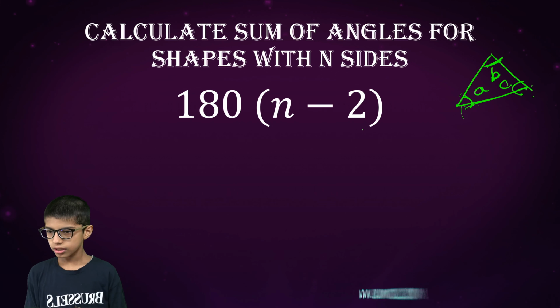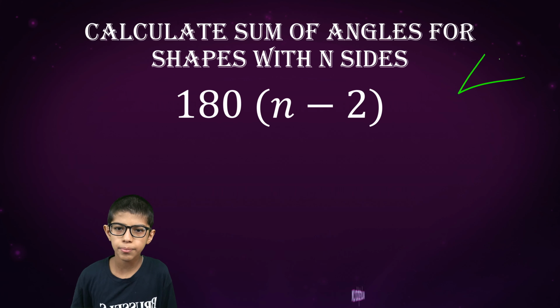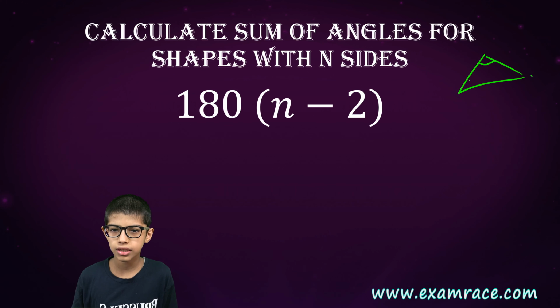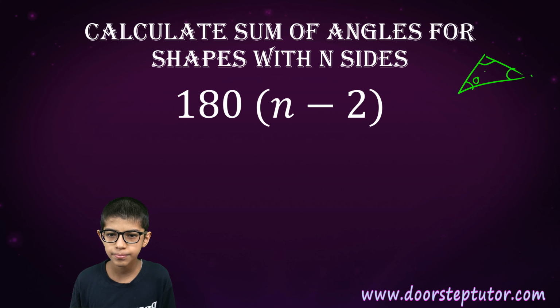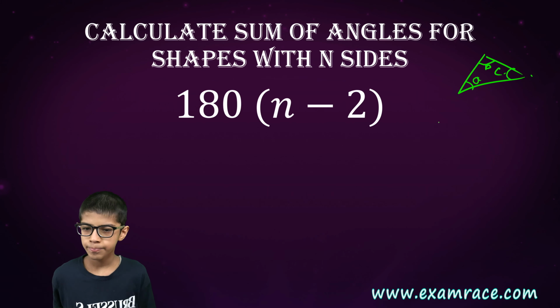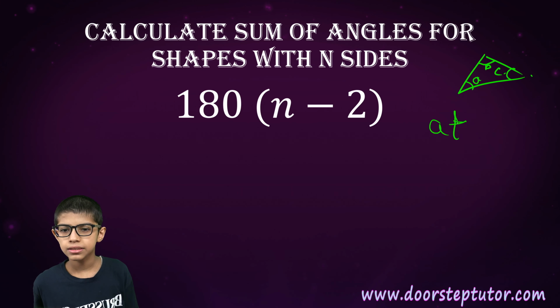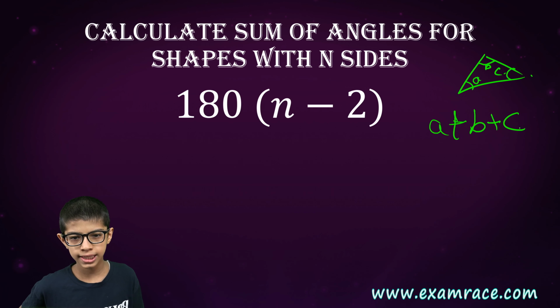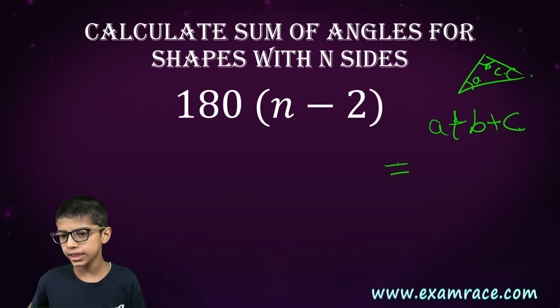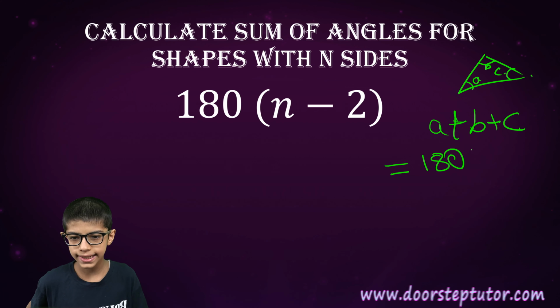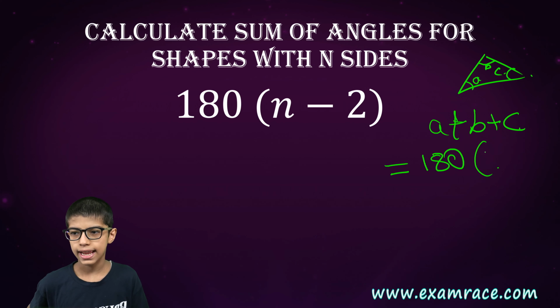Now, what would be the sum of angles A, B and C? A plus B plus C would be equal to 180 multiplied by n minus 2.